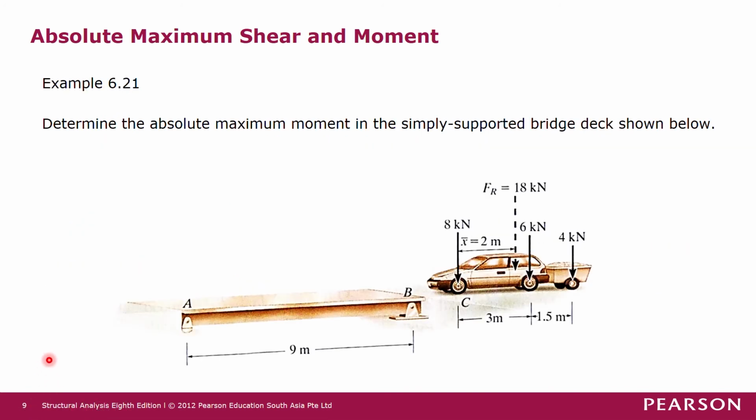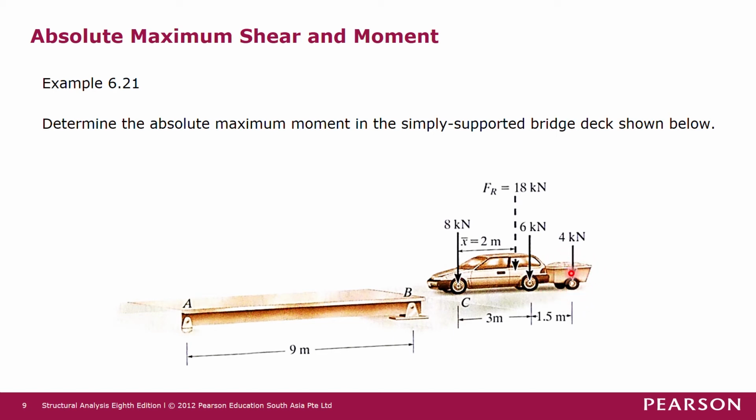So now let us look at an example. In this example, you're asked to determine the absolute maximum moment in the simply supported bridge deck shown below. The bridge deck has a 9-meter span, and we have a vehicle towing something behind.